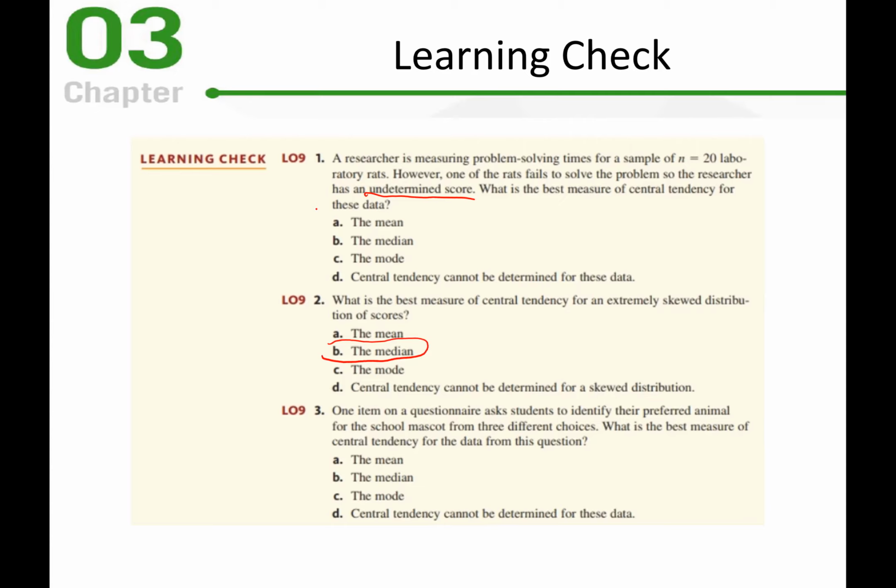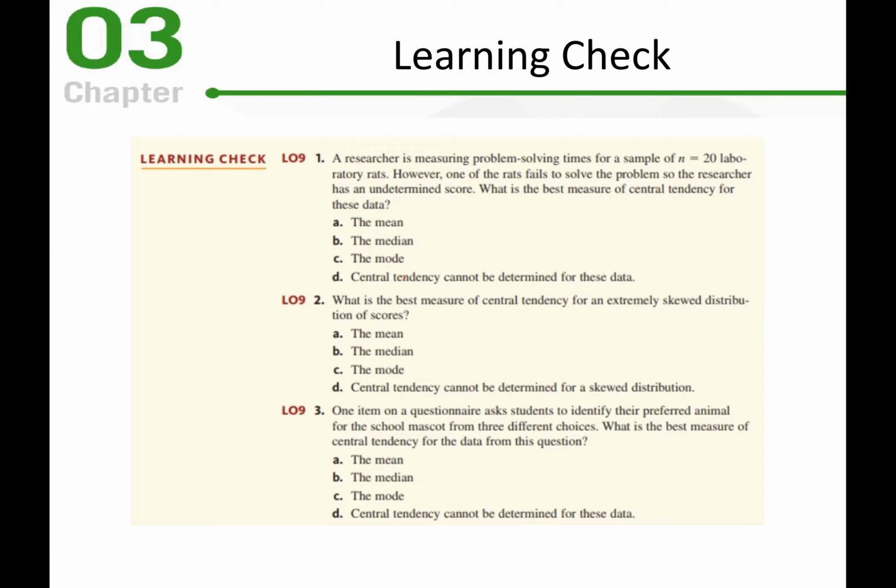Third question is, one item on a questionnaire asks students to identify their preferred animal for the school mascot from 3 different choices. What is the best measure of central tendency for the data for this question? So this is asking the preferred animal for the school mascot. These are just categories, and the categories aren't ranked at all.